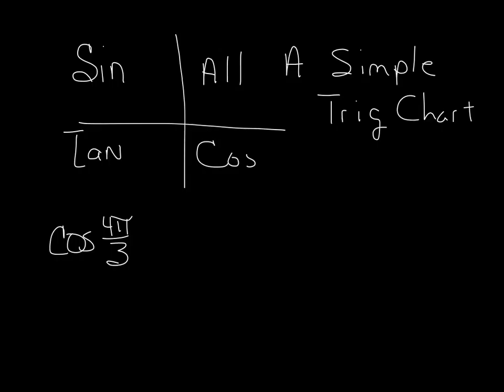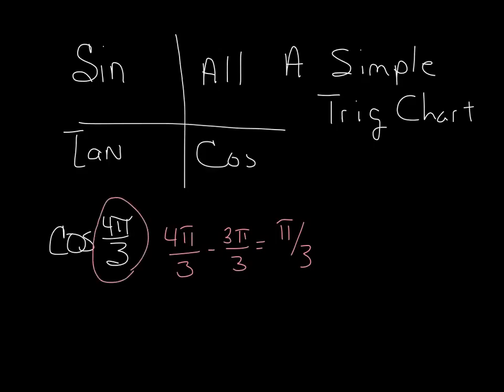We can take 4 pi over 3 minus pi, which is 3 pi over 3. And that gives us pi over 3. But I mentioned to you that if this is reduced to lowest terms, we know that the reference angle is pi over 3.